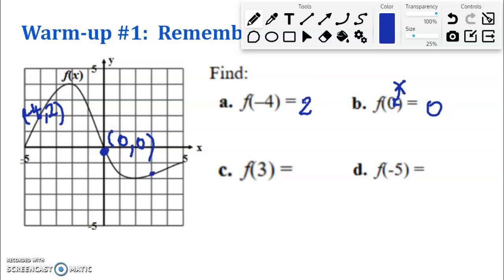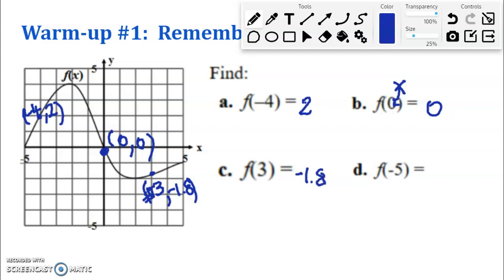The x value is negative 3, oh I'm sorry, positive 3. And the y value is, there's negative 1, there's negative 2. It's not quite negative 2, so I'm going to call that maybe negative 1.8. That means the y value, the output, when the x value was 3, was negative 1.8.